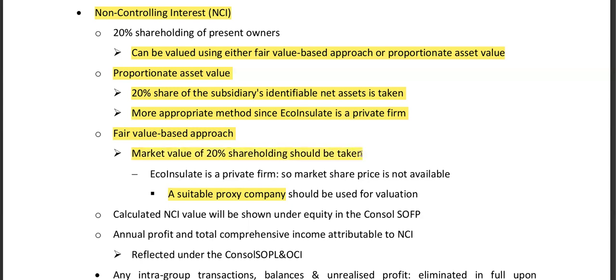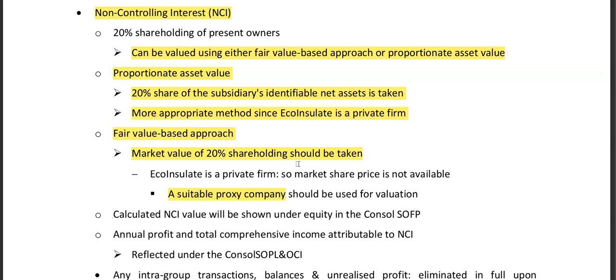The reason why we did not recommend the fair value based approach is that you are comparing it with a proxy company, and it will not be practical for you to find a like-for-like comparison, and whatever estimates you come up with would always be subjective.